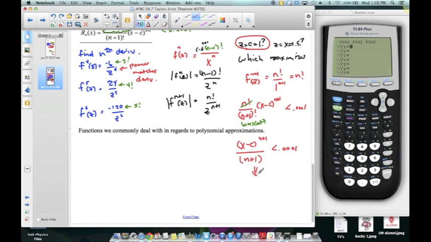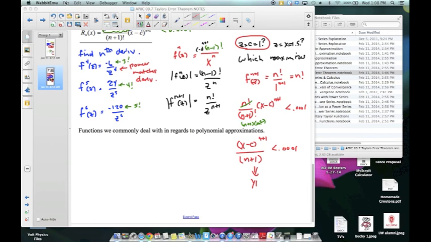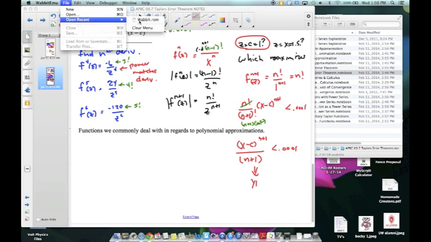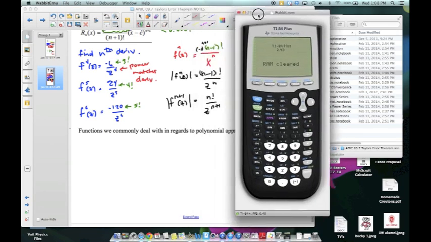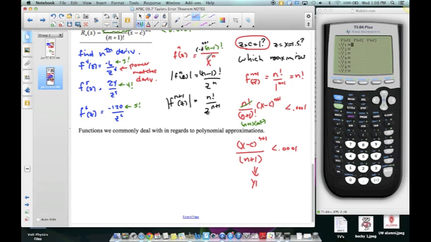So I'm just going to put this in y1 and grab a table here. So coming over here, opening up a new calculator, going to y1, and just a reminder, our x is 1.5, our c is 1, and so we're going to look at graphing that.